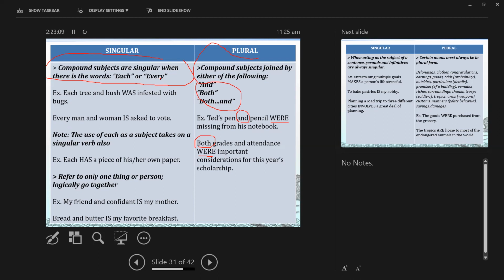Check nga natin. Wala ba? How about here? Okay. Every child and adult is required to eat an apple a day. An apple a day, okay. Every child and adult is.